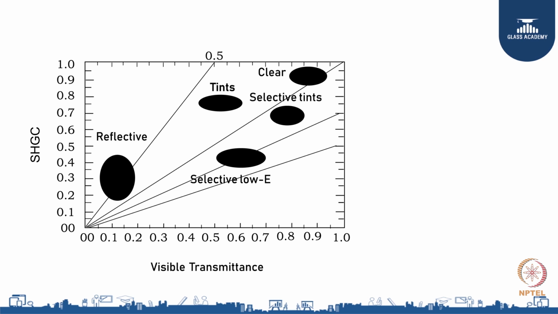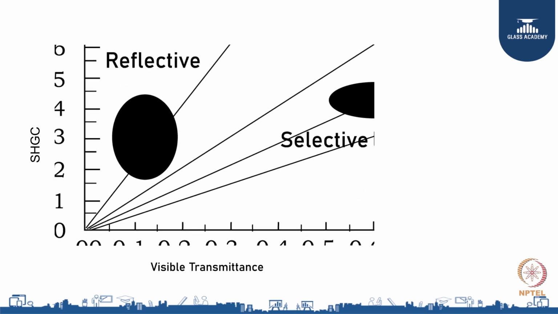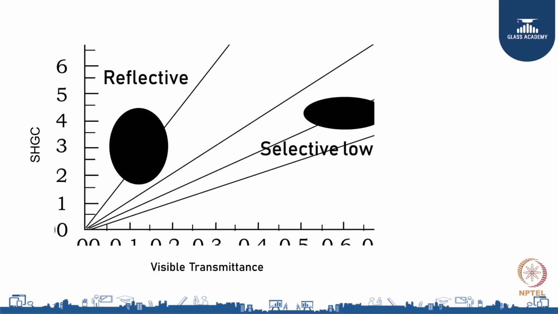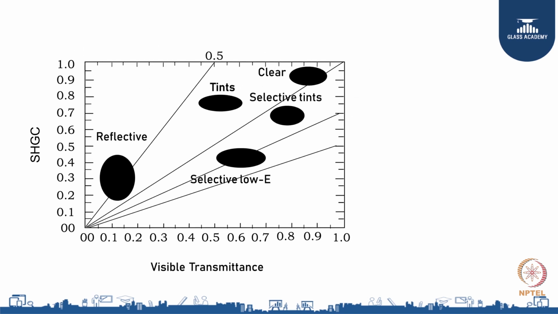If you have a glass which is tinted or which is reflective in nature, you will see that these glasses are towards the higher end of the solar heat gain coefficient. They will have higher SHGC and lower VLT. These are the glasses that we would like to avoid in buildings because they bring less light and they bring more heat.